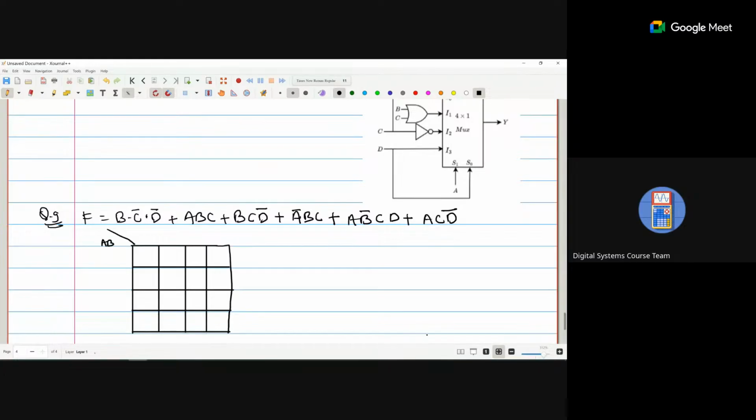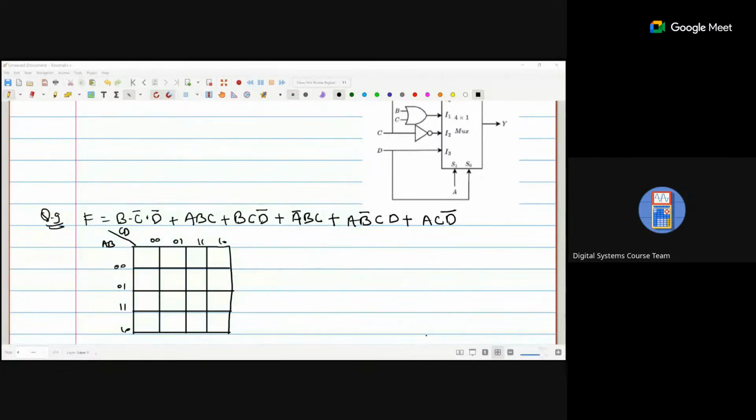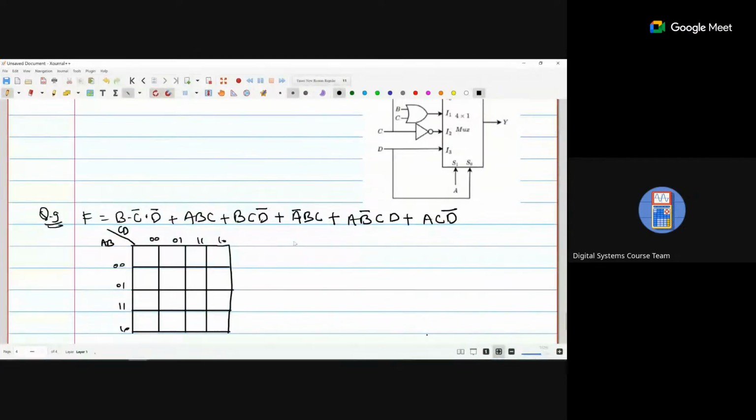So A, B, C, D, 0, 0, 0, 1, 1, 1, 1, 0, 0, 0, 0, 1, 1, 1. One more thing we have to check, F. Now C bar D bar, C bar D bar, that means this complete column. Now in this one, C bar D bar, B is 1. So where B is 1 in this position and this position, so both will be 1.